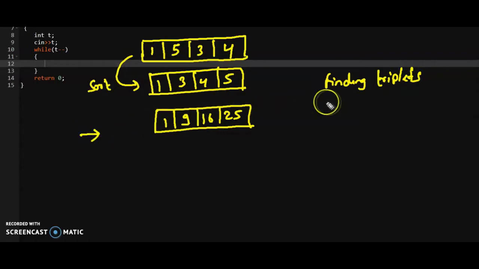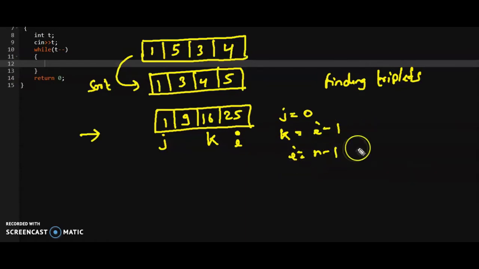So what we have done in that question, we are traversing that array from the backside, that is i is pointing to this one, k is pointing to this one, and j is pointing to this. Means j will point initially to 0, k will point initially to i minus 1, and i is pointing to the last one. And there is a for loop for i. We will decrement i every time, right?